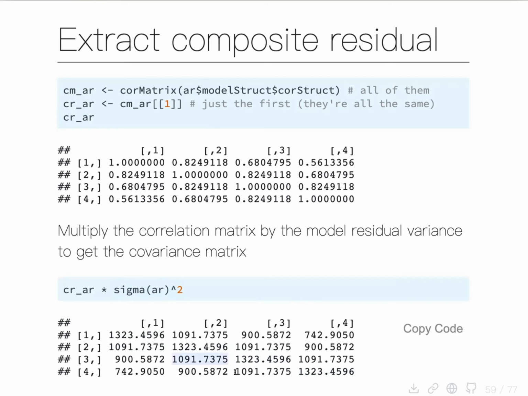The composite structure is theoretically based, where time points that are right next to each other are strongly correlated, and as we get further away, they're less correlated. So we have this decay.